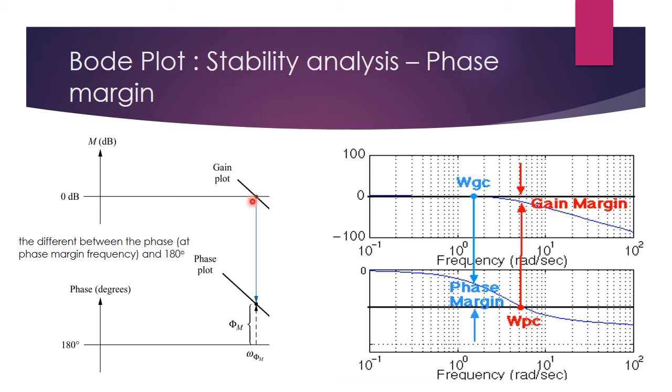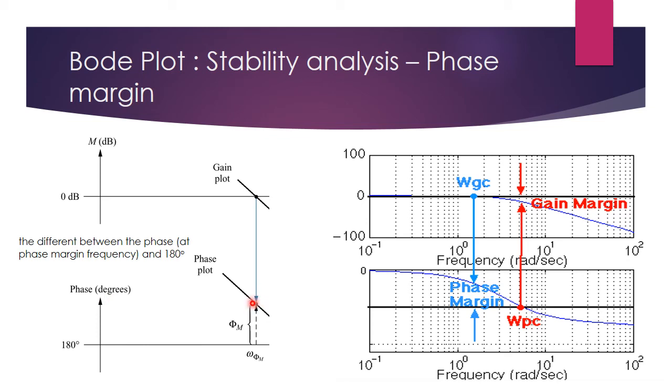It means your output divided by input is 1, so the output equals your input in terms of magnitude. What we try to look at is, at this point, what is the phase shift? When we plot right down to here, we can identify the phase shift at a gain of 1. So what is the phase margin?